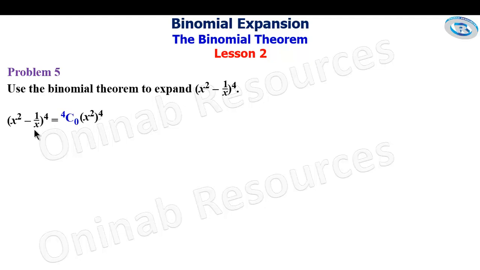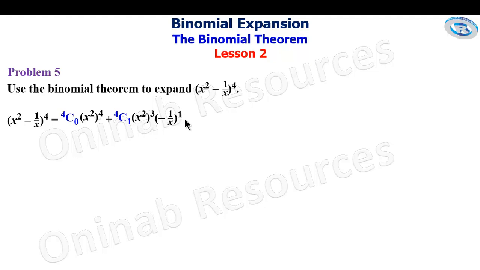Then the second term in the bracket is to the power of 0, so we ignore that. The next term is plus 4 combination 1. This is going to give us x squared to the power of 3. Then the second term in the bracket will come in. That's negative 1 over x to the power of 1.